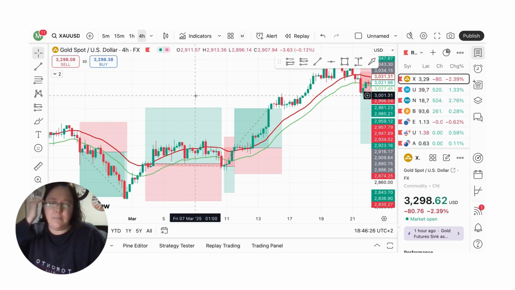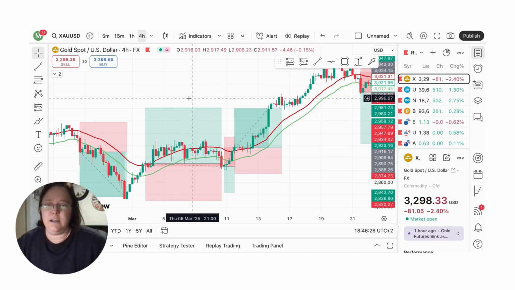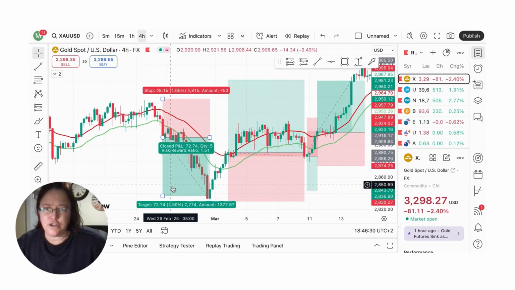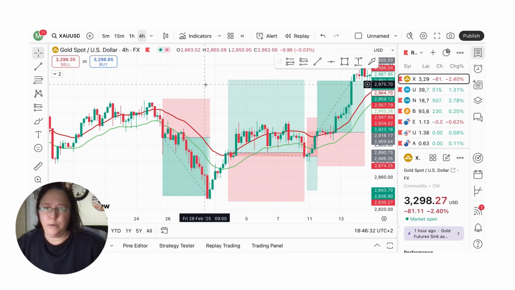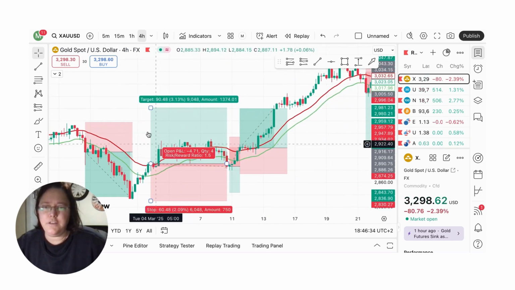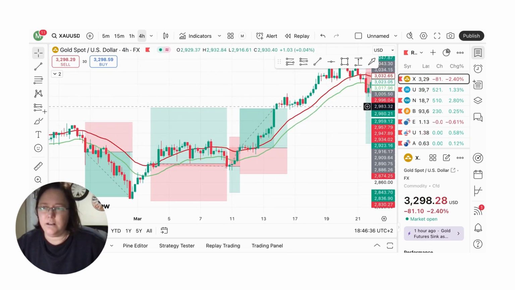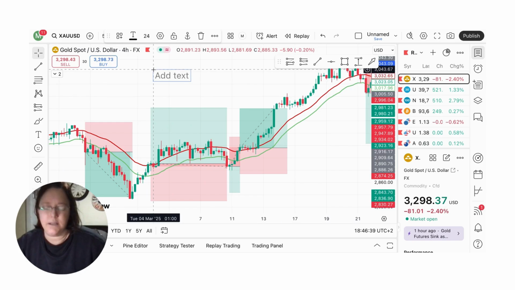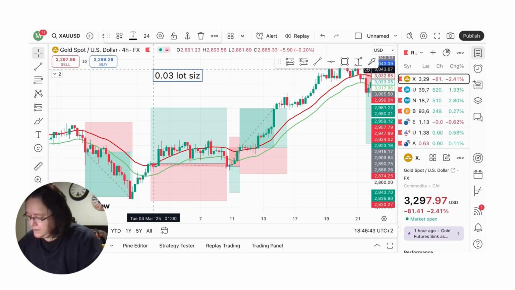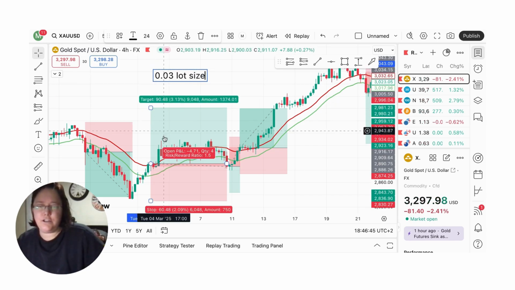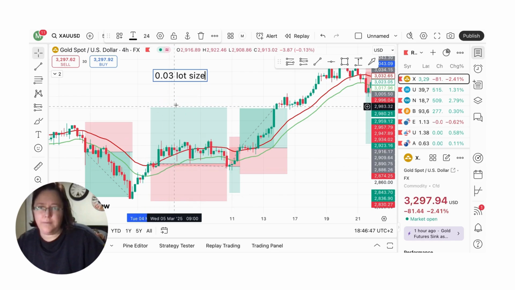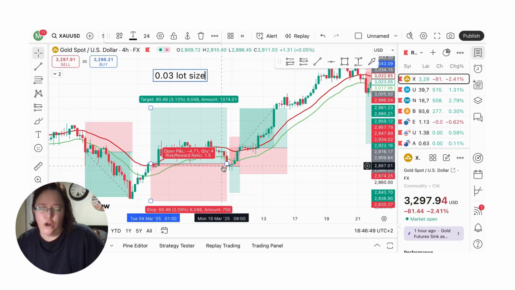And I mean, I make a lot of money because what I did is I took this trade with normal parameters, right? Now, on my account I use a 0.03 lot size. Now, on this next trade that I took, I then made a small loss here.